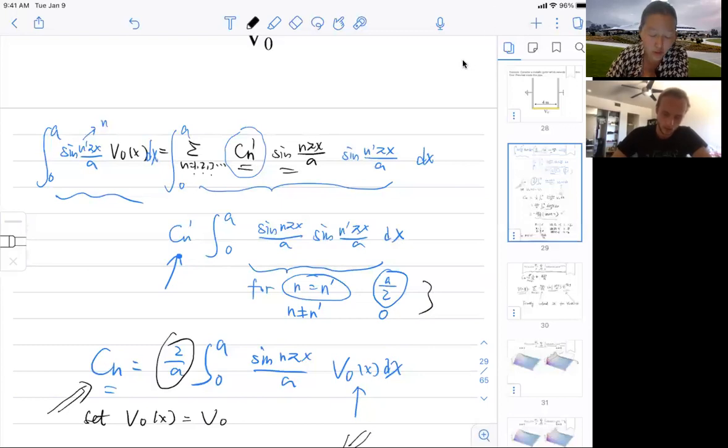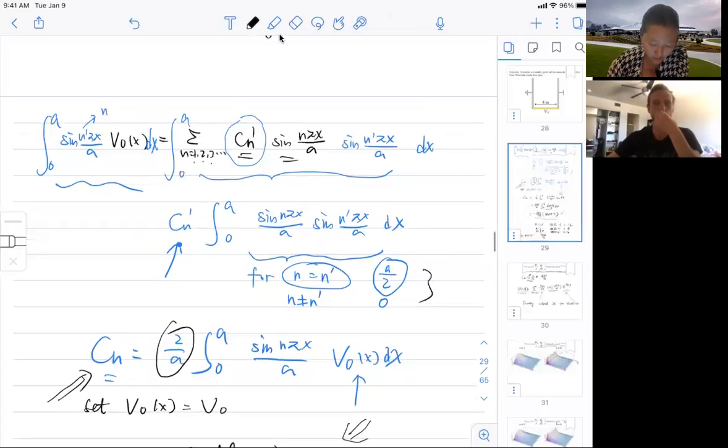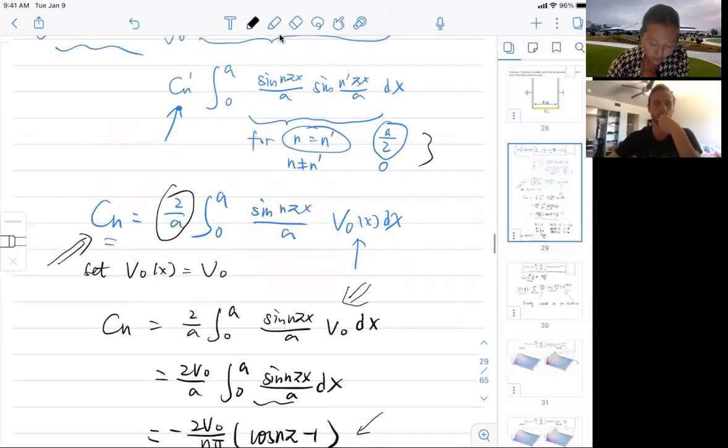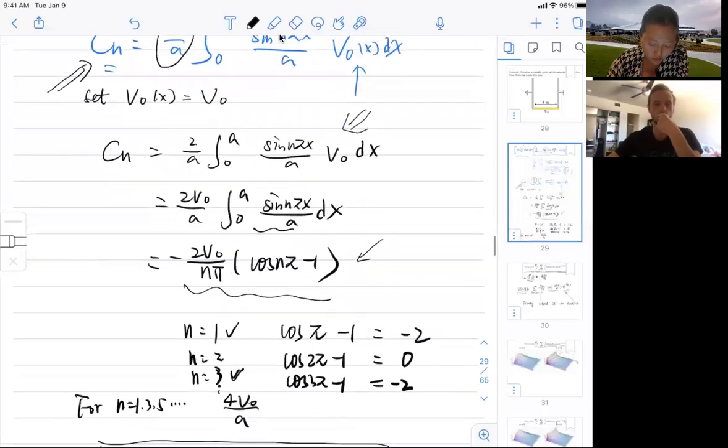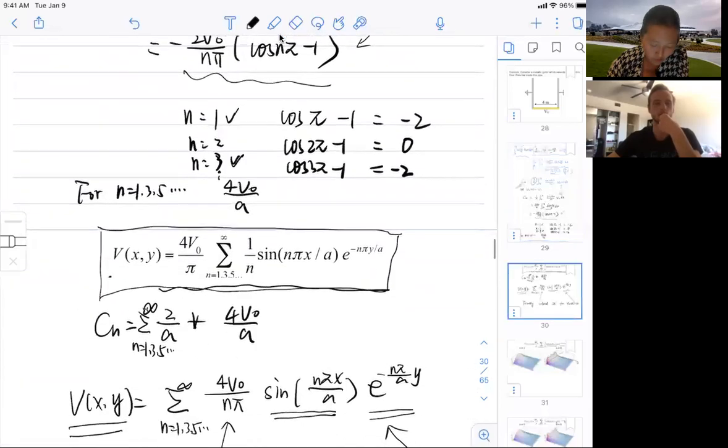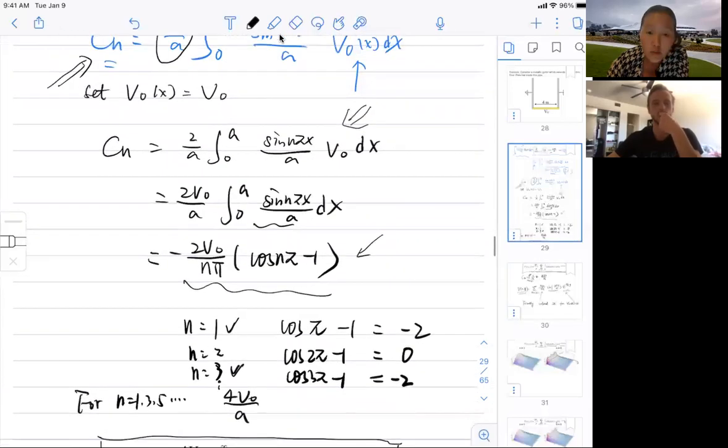Before we go to our clicker question, here's the deal. Before we apply the final boundary conditions, our solution is not unique yet.